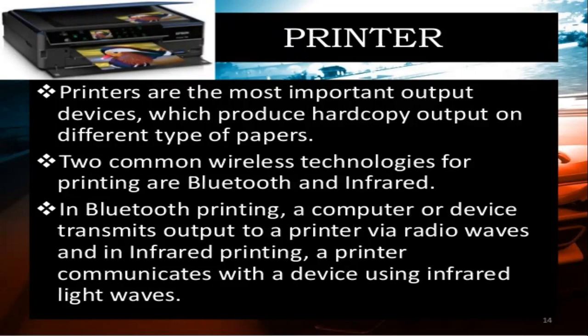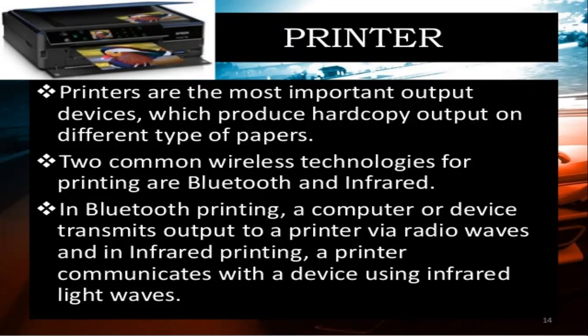Two common wireless technologies are there for printing: one is Bluetooth and the other is infrared. In Bluetooth printing, a computer or a device transmits output to a printer via radio waves.